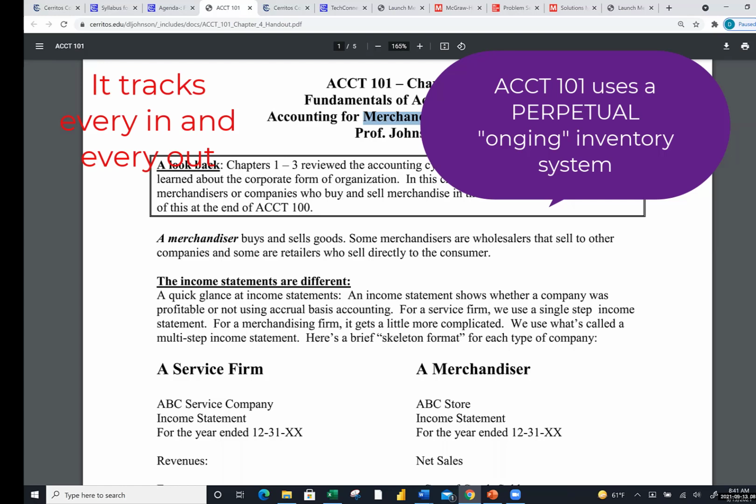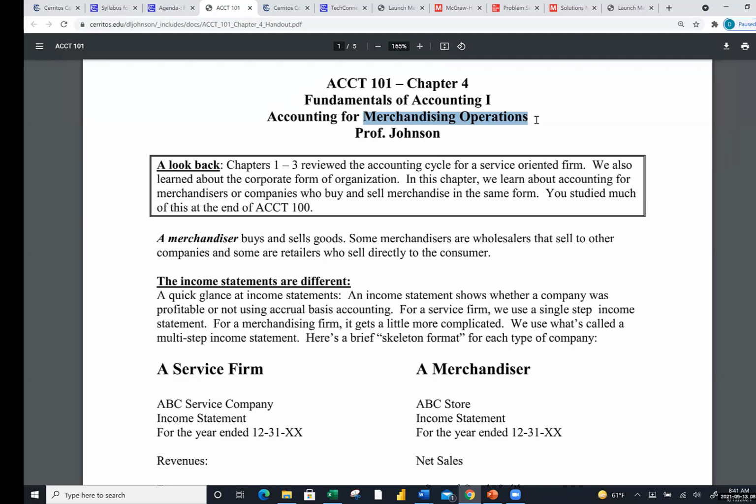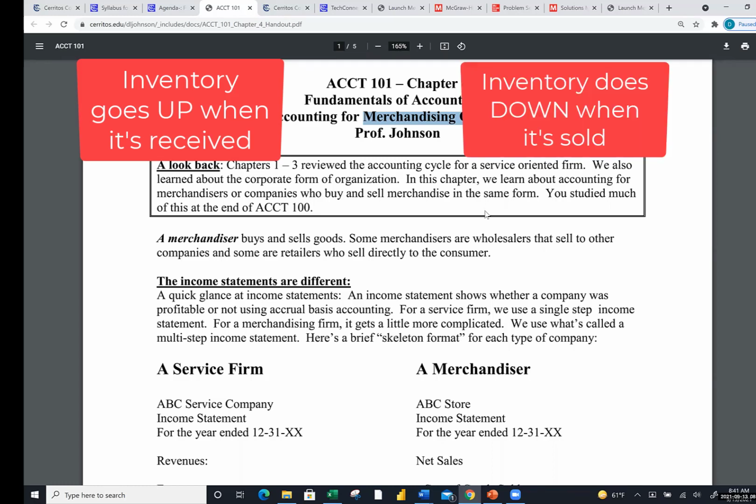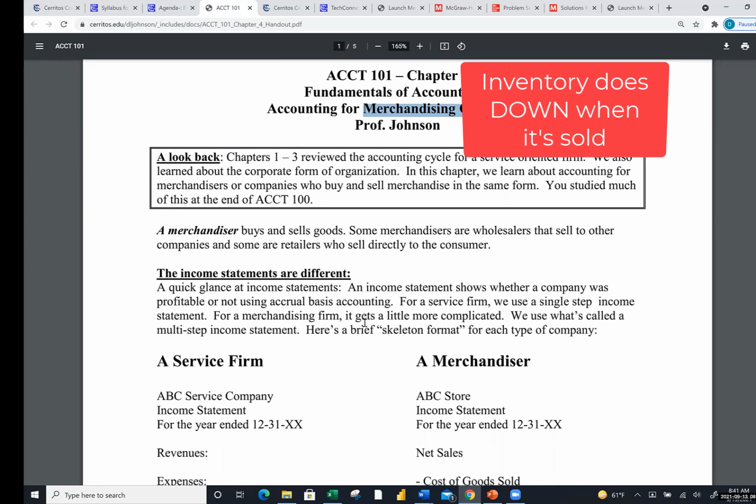And so as opposed to last year, when we didn't use merchandise inventory at all, that account was, we put it up there for you and we told you it was an asset, but we didn't use it until the very end. That's changing. That account is going to be increased every time we receive inventory, and it's going to be decreased every time we sell inventory. And we'll take a look at that today.